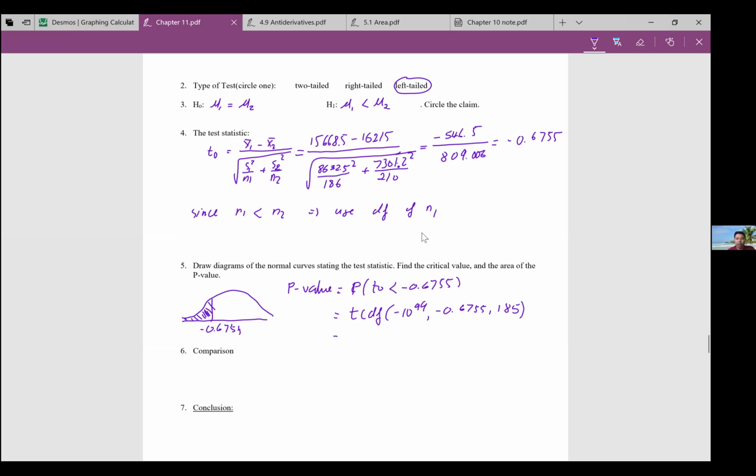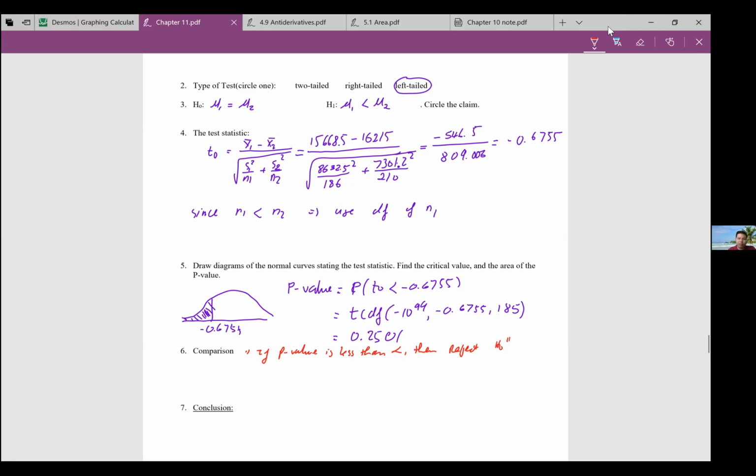All right, so now the p-value is 0.2501, okay? And then comparisons, as usual, right? We always use the statement: if the p-value is less than alpha, then we reject the null hypothesis.